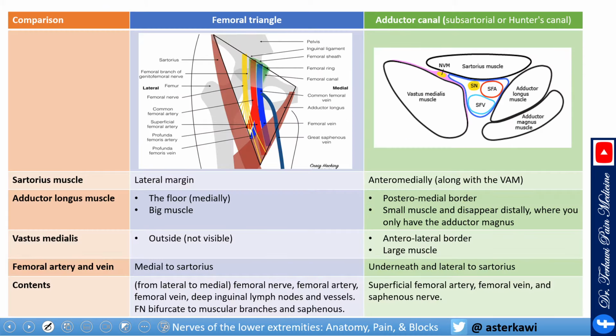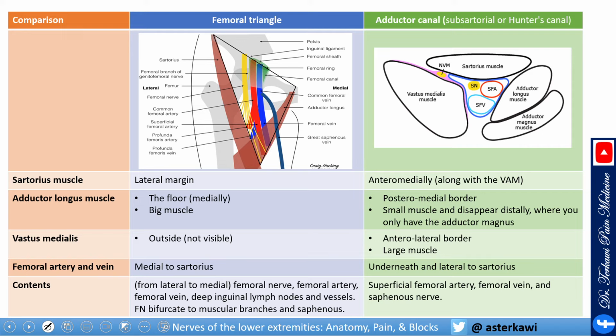Now, how to differentiate between the femoral triangle and the adductor canal? This is also important when we do these blocks. So the sartorius muscle forms the lateral margin of the femoral triangle, while it's the anteromedial or superior border for the adductor canal.